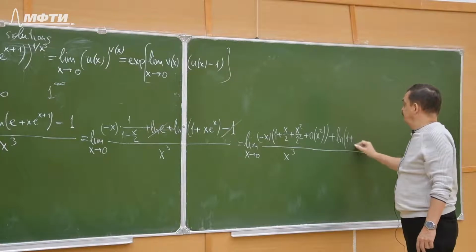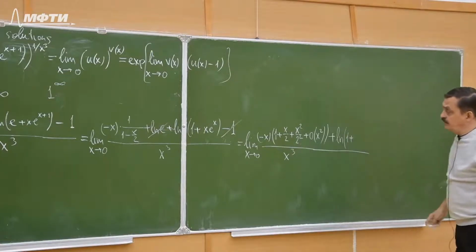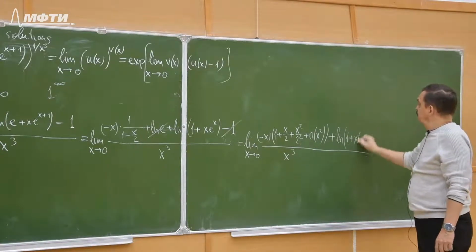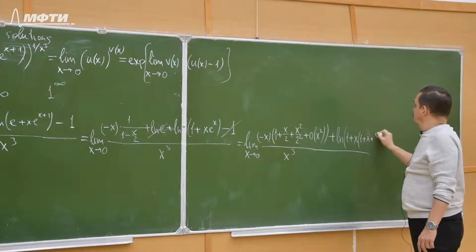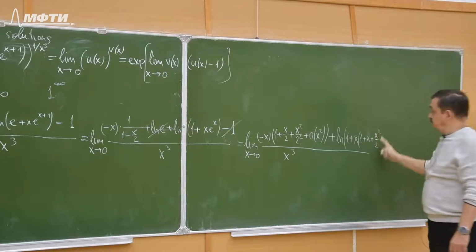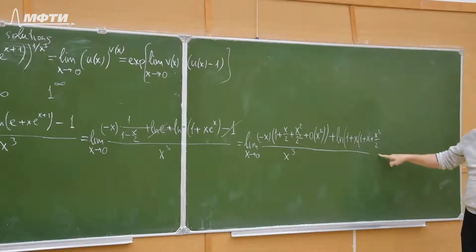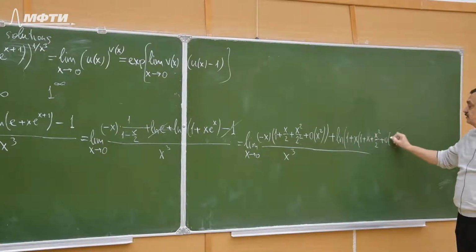And okay, I can write firstly x e to the power x. So here we'll stop again on x squared because of product by x, little o of x squared.